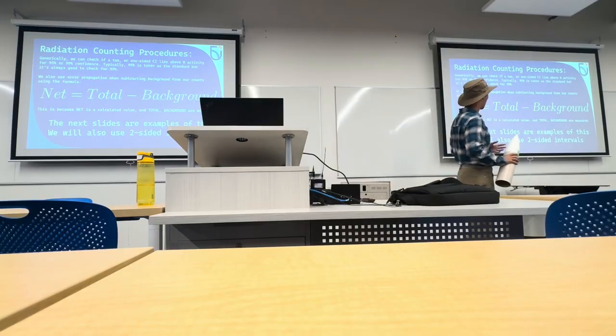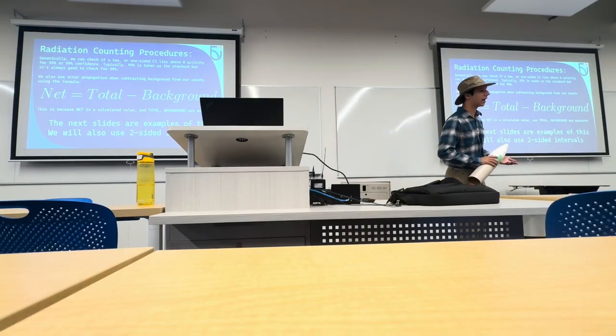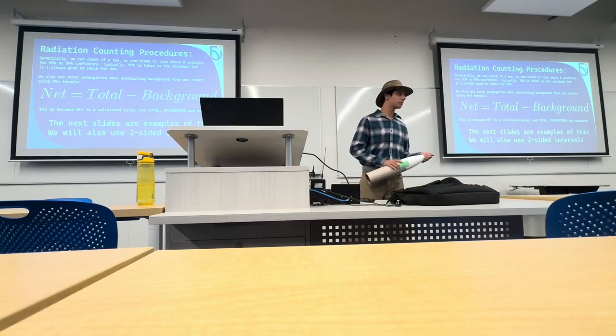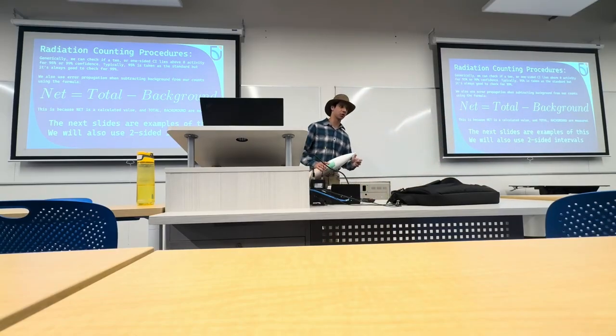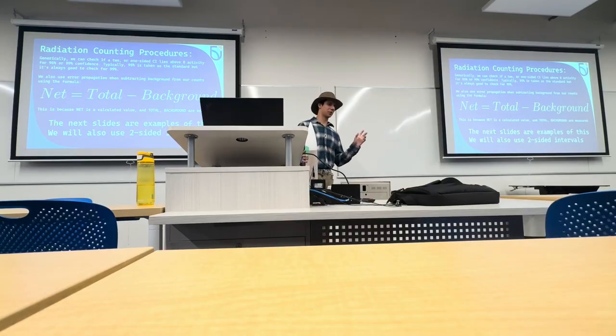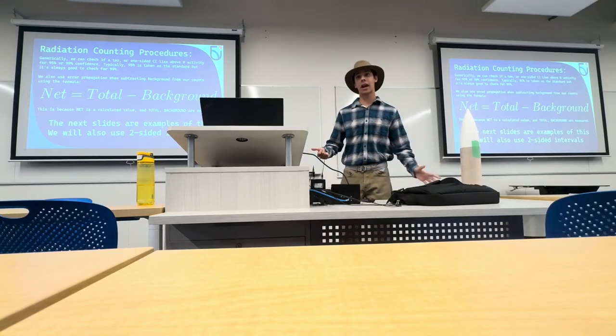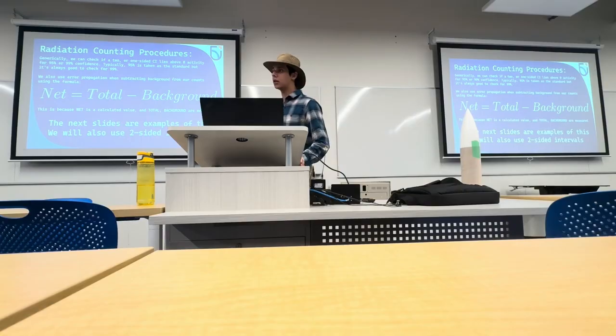So how do we do this measure? Can you measure background and total counts at the same time? One measurement, you get your background, you get your total. There's only one case where you can kind of do it, and that's in gamma spectroscopy. But if you just have a counting detector, absolutely not. You're not going to be able to differentiate what is background from what is a source.